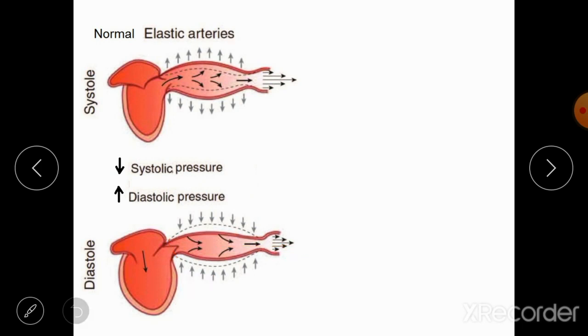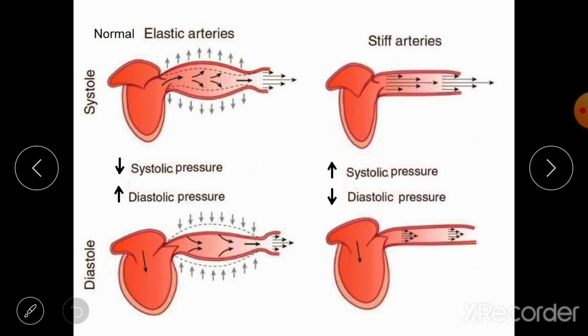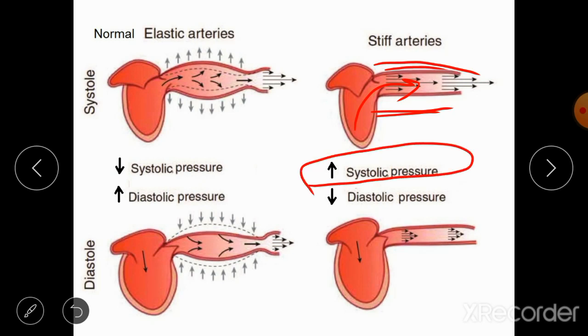Now let's see what happens in a diseased aorta or stiffened aorta, as can be seen in old patients with atherosclerosis. When ventricle pumps its blood into a stiff aorta, which no longer has the ability to distend, instead it remains stiff, you will see a sharp rise in the systolic pressure.